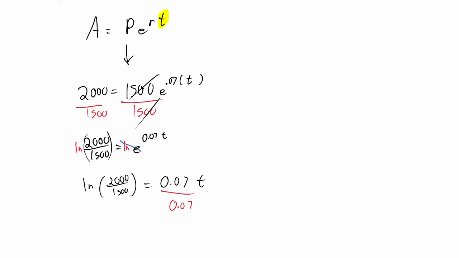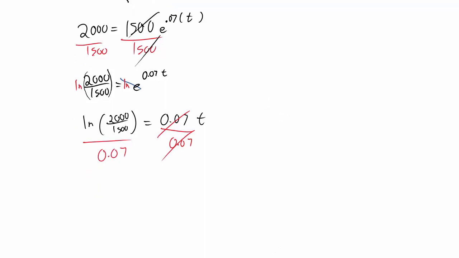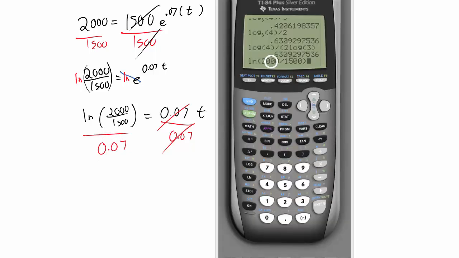Right here, all we have left to do is divide by 0.07. And once you enter that in your calculator, that tells you how many years it takes $1,500 at a 7% interest rate compounded continuously to grow to $2,000. So I just type in natural log of that quotient, and then divide by 0.07, and you get about 4 years.